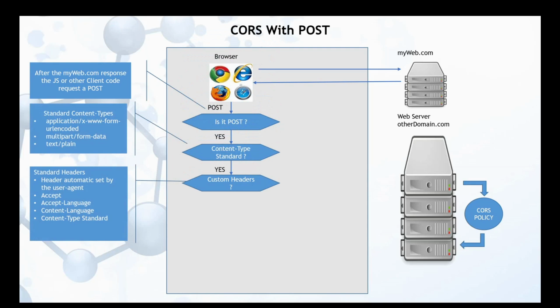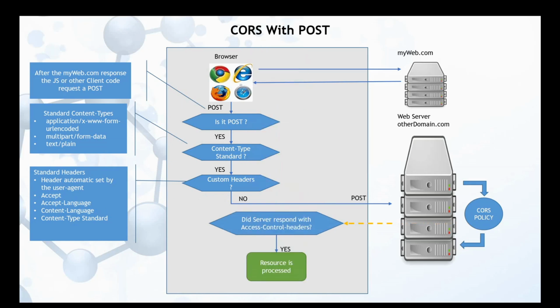If it is the case, the browser also analyzes if there is a custom header present in the original request. If all these conditions are fulfilled, the original POST request is sent to the server. The server analyzes the request against the configured CORS policy, and if it is fulfilled, the requested resource is sent to the browser. If not, an error is thrown in the browser.